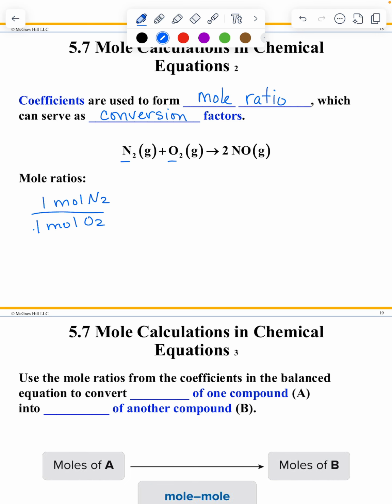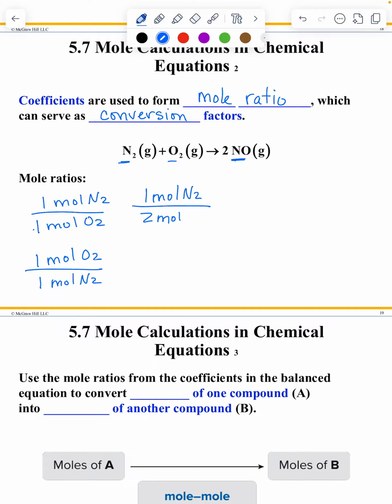We can also relate nitrogen and nitrogen monoxide. And so the equation says that 1 mole of nitrogen gas is equal to 2 moles of nitrogen monoxide. And again, we could flip that. 2 moles of NO is equivalent to 1 mole of N2.